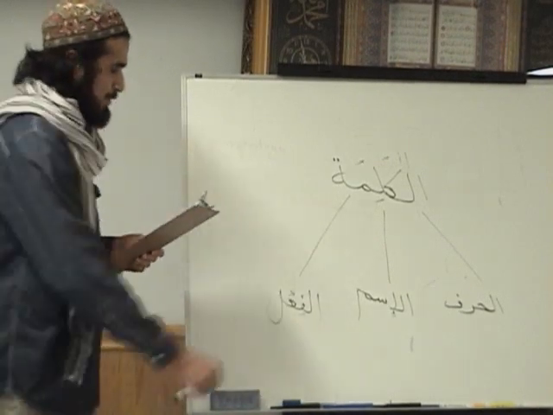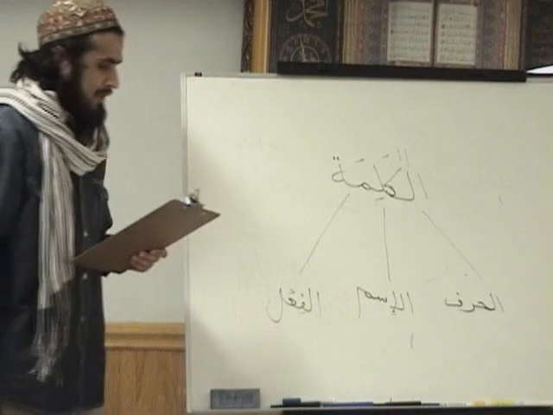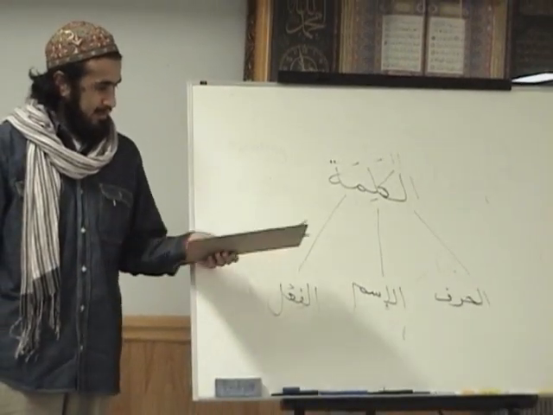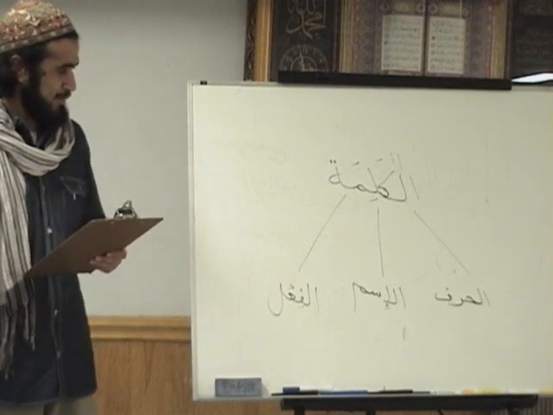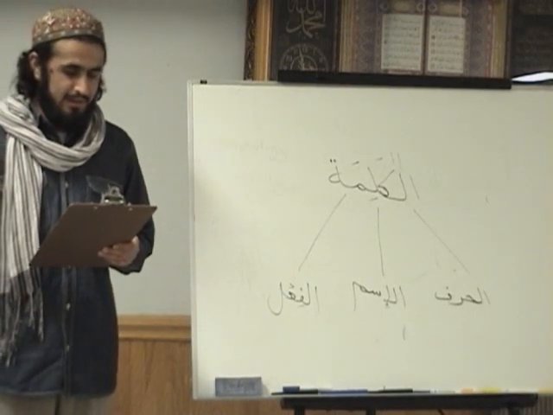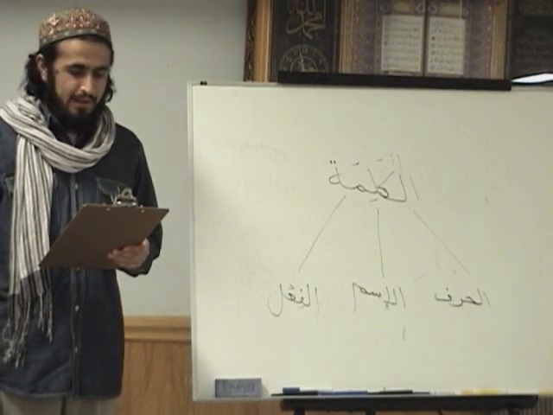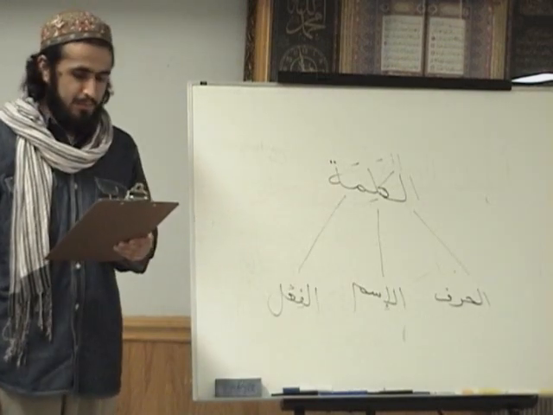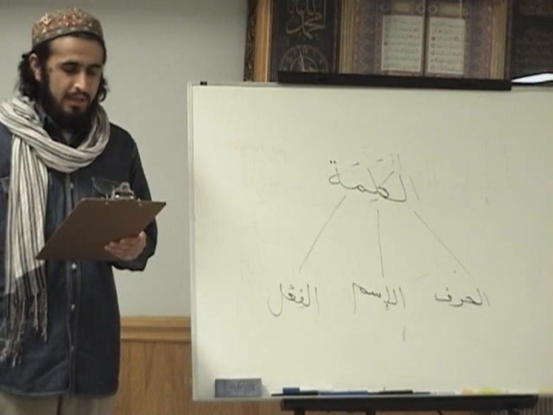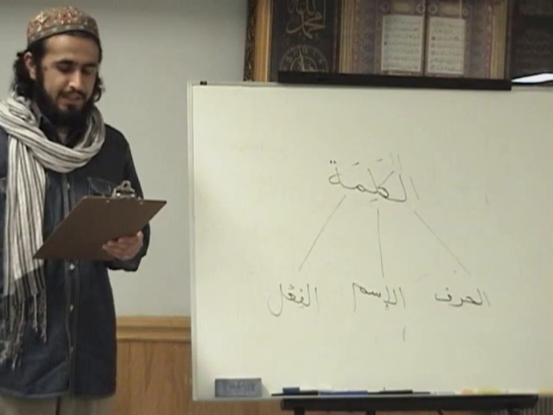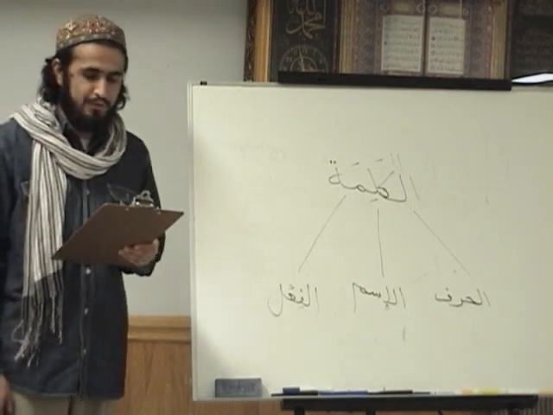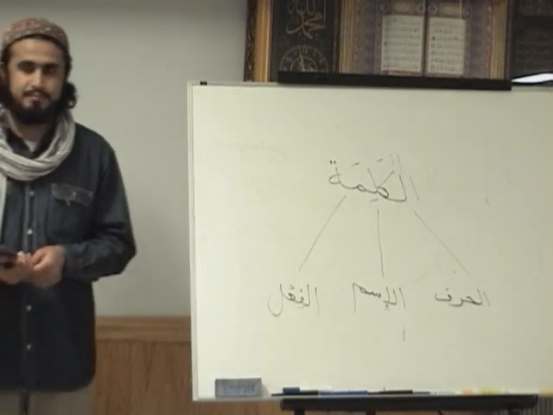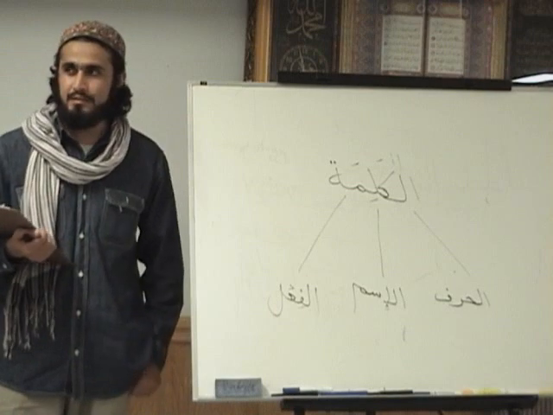So let's start with the definition of al-ism. Or actually, let's start with al-fi'l, because that will make the definition of al-ism and al-harf easier. Al-fi'l is a kalima. It's a word that has a meaning and it has a connection to one of the 3 tenses: past, present, and future. That's what al-fi'l is.